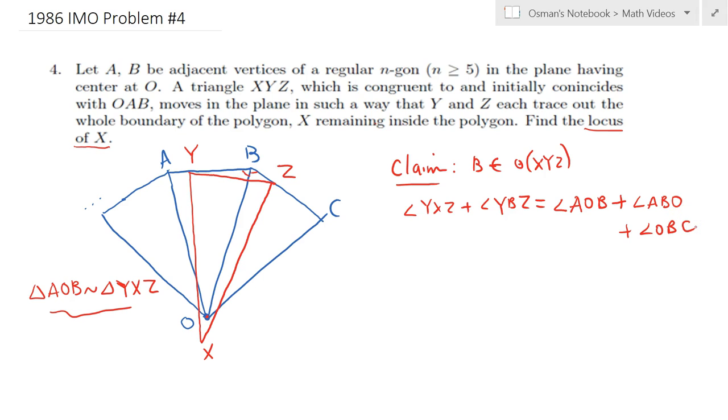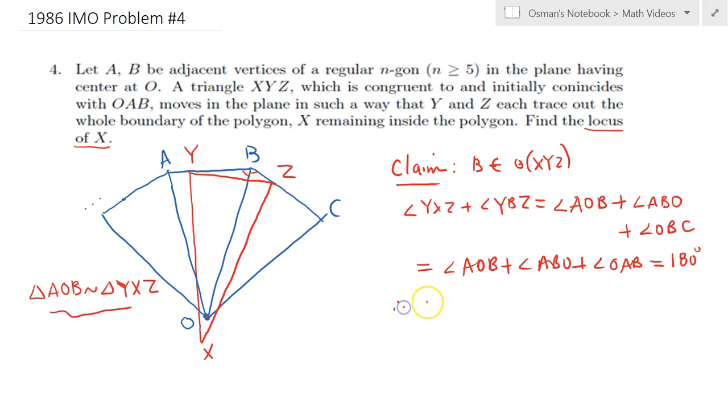But check this out, angle OBC is the same as angle OAB. So therefore this whole thing becomes angle AOB plus angle ABO plus angle, replace OBC with OAB, and we have the three angles of triangle AOB. As a result, they add up to 180 degrees. So we have just proved that those 4 points are cyclic actually.